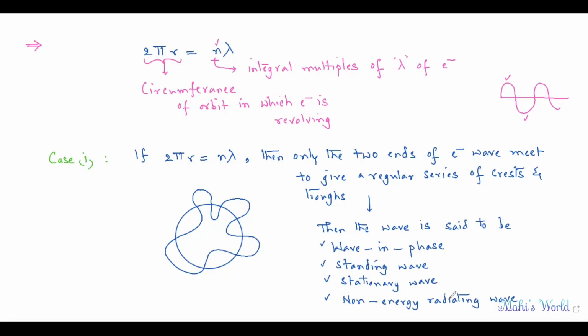Non-energy radiating wave means as long as the electron revolves in orbits which obey this particular relation, they do not radiate energy. They neither lose energy nor gain energy. This is what was proposed by Bohr. And according to this, de Broglie could explain why 2 pi r has to be equal to n lambda, which he in fact got from the same old Bohr's expression, mvr is equal to nh by 2 pi.